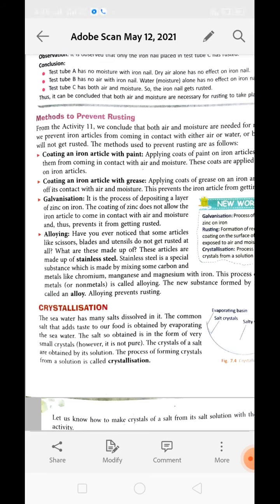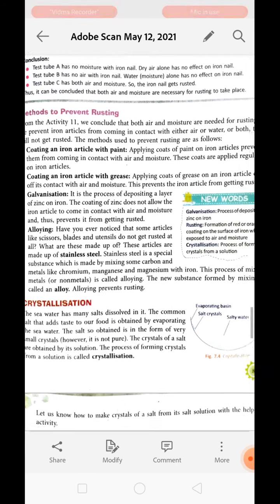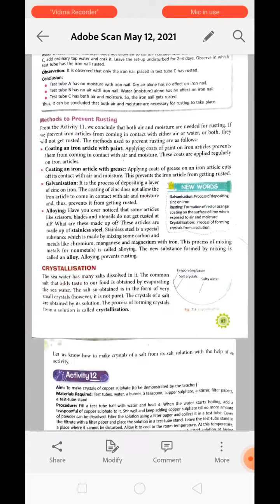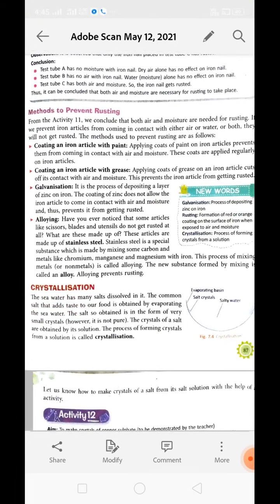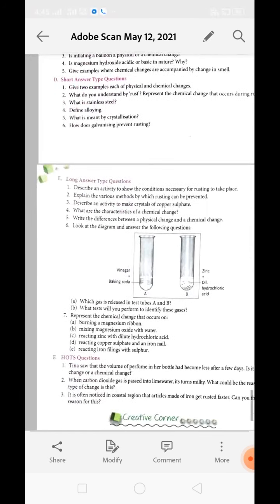Now galvanization will also be written in full. Alloying. Okay, in alloying, stainless steel is a special substance which is made by mixing some carbon and metals like chromium, manganese, magnesium with iron. The process of mixing metal or non-metal is called alloying. The new substance that is formed is called alloy. Alloy prevents rusting. Up to this point, okay, class.